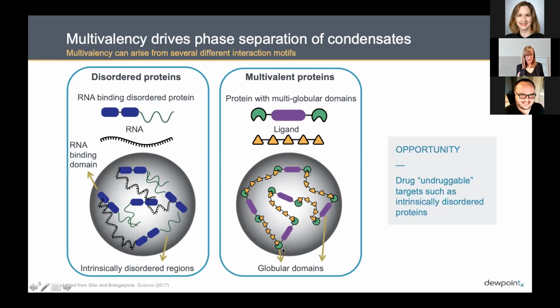Many of these multivalent condensate forming molecules are highly represented in diseases, but they are traditionally considered undruggable because some of them, such as intrinsically disordered proteins, are not amenable to structure-based drug discovery techniques. So condensates offer us the opportunity to drug such an undruggable class of targets.